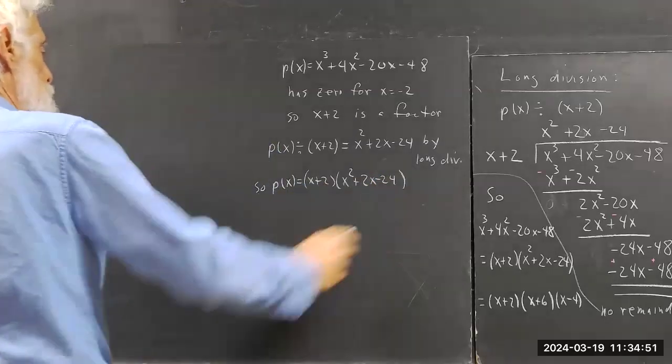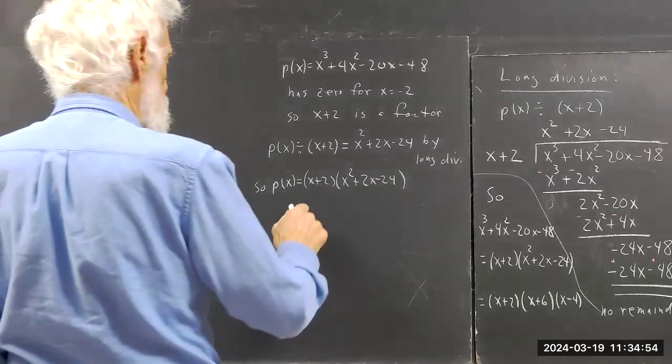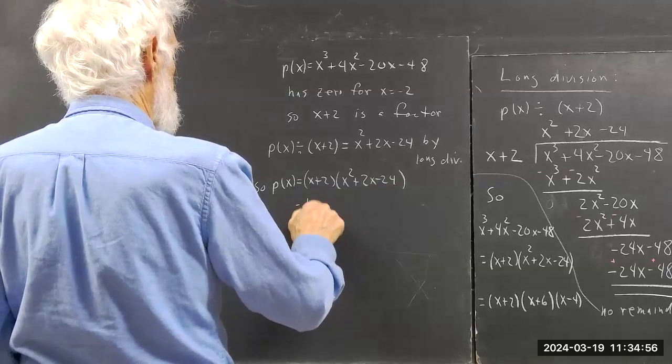So P of x is x plus 2 times x squared plus 2x minus 24.